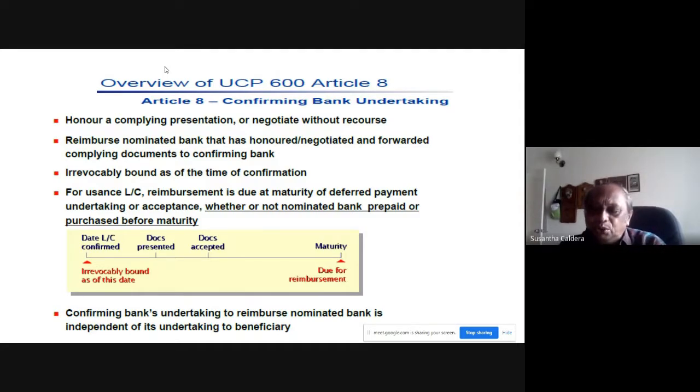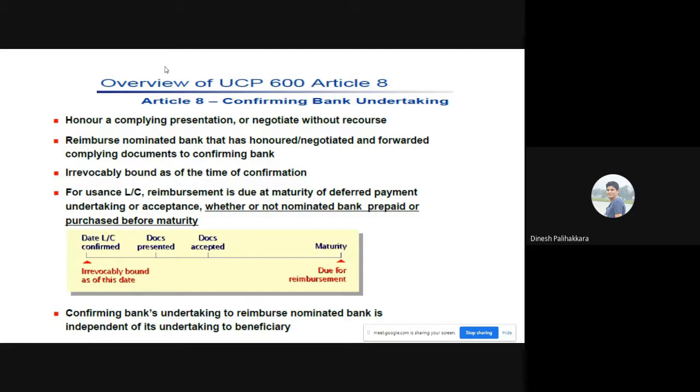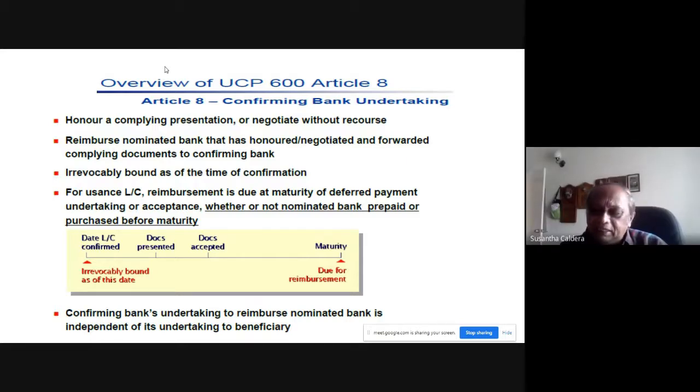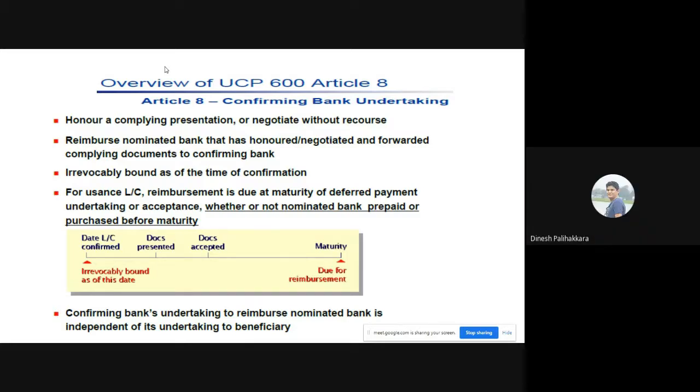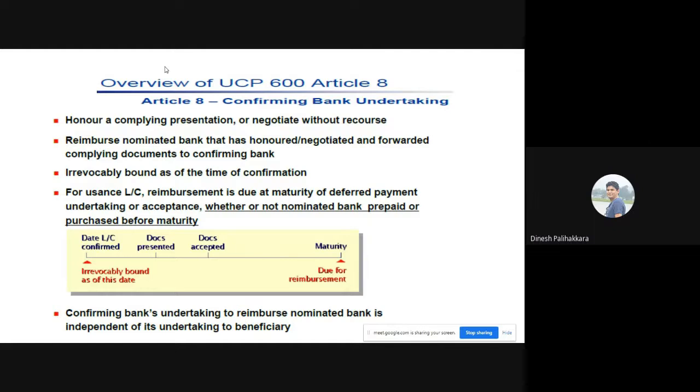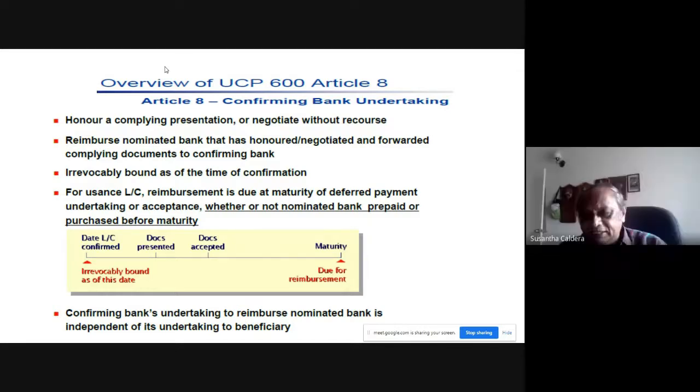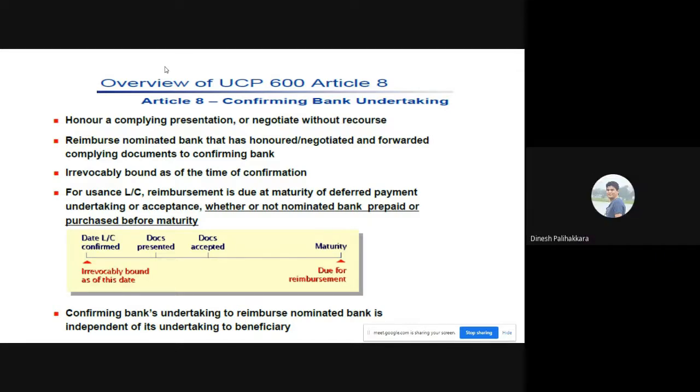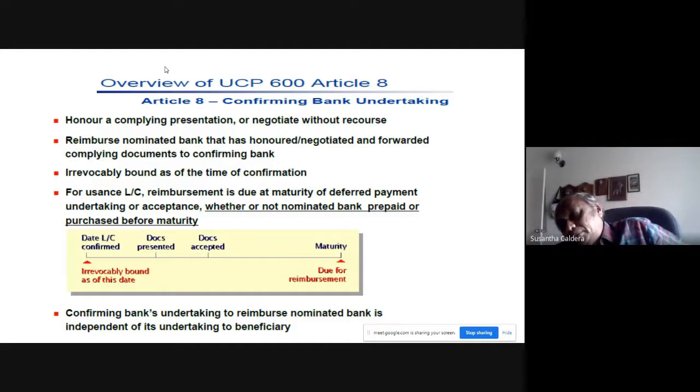If you have to settle the bill today and the bank doesn't have the money, through nostro they settle the bill, and then today itself they will charge you 203 plus 10%. Yes, exactly.